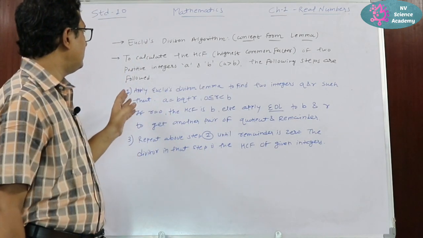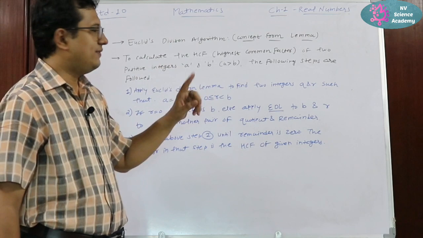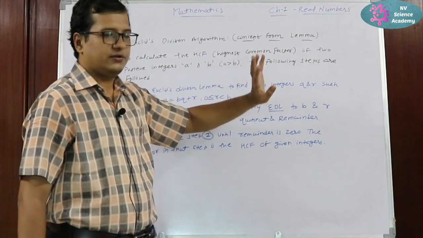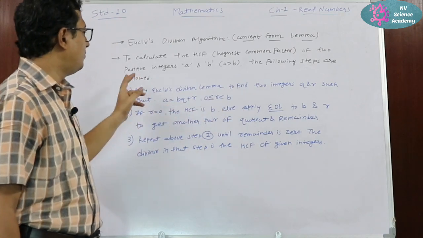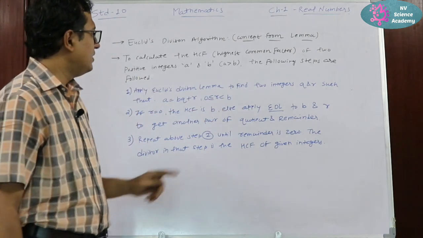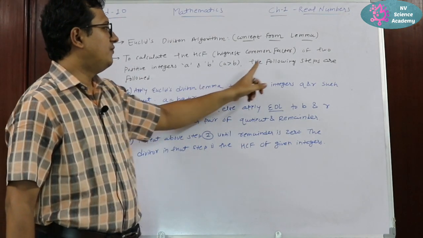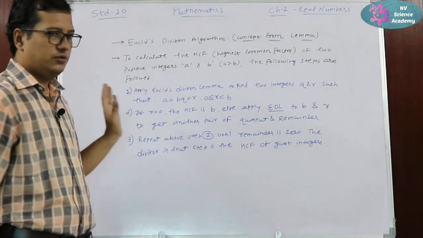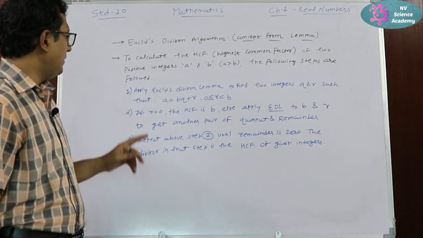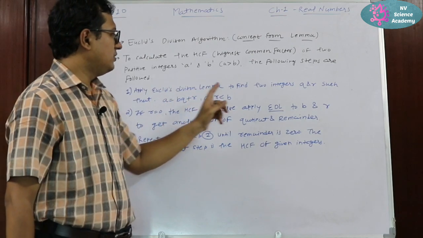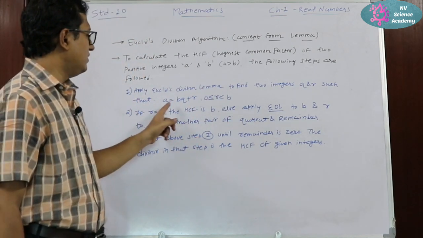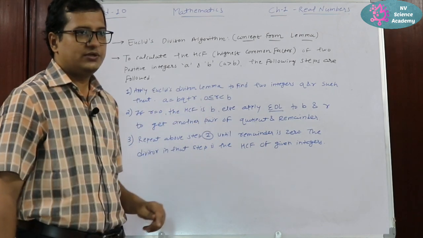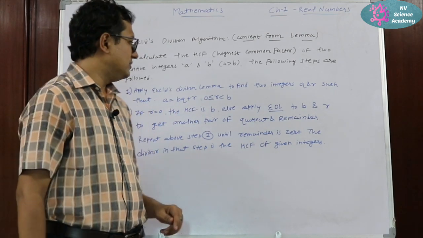The statement is: to calculate the HCF, the highest common factor, of two positive integers a and b, where a is greater than b, the following steps are followed. Step 1: apply Euclid's division lemma to find two integers q and r such that a is equal to bq plus r, where 0 is less than or equal to r less than b.